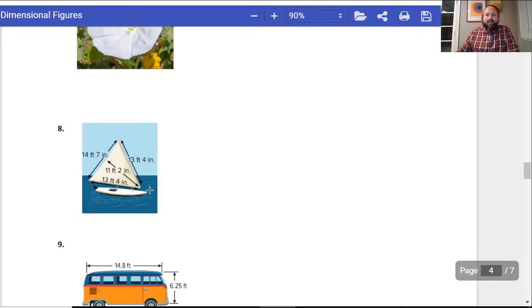Now going on, we're like, oh, it's a flag, or not flag, sail. Which shape does the sail have? Well, the sail has side 1 plus side 2 plus side 3 will equal the perimeter. But the area is 1/2 base times height.